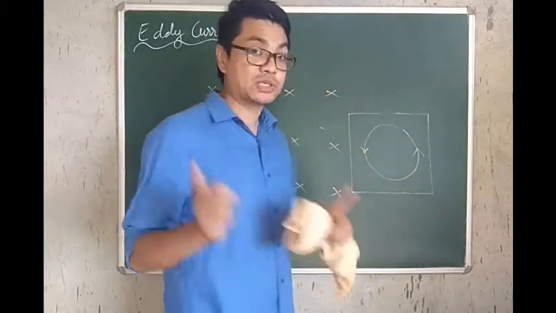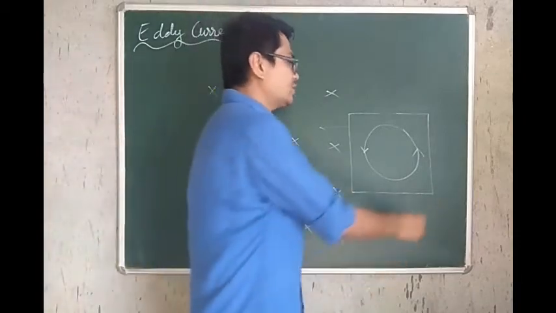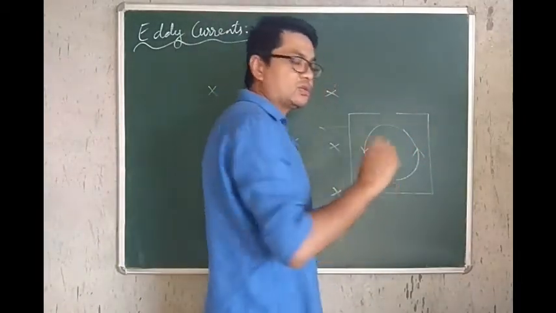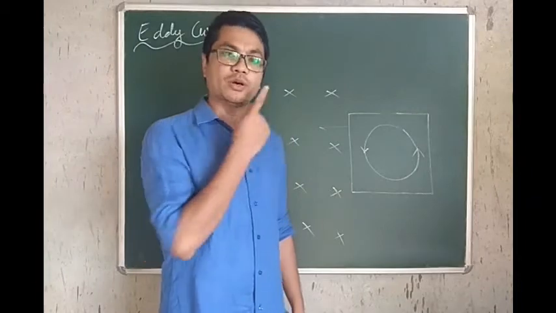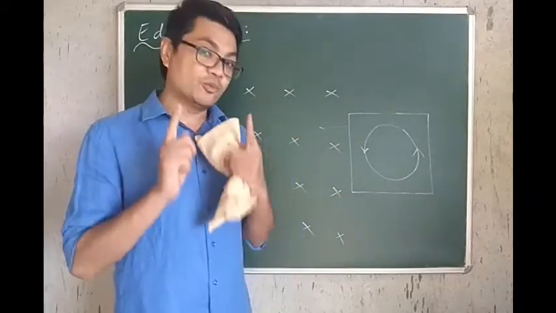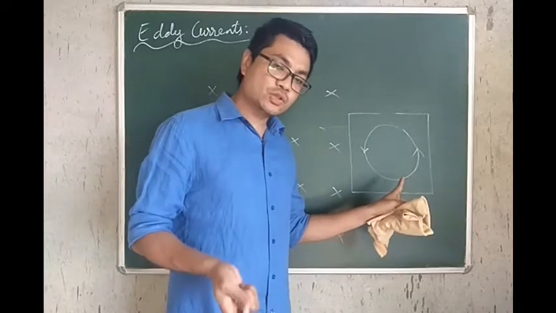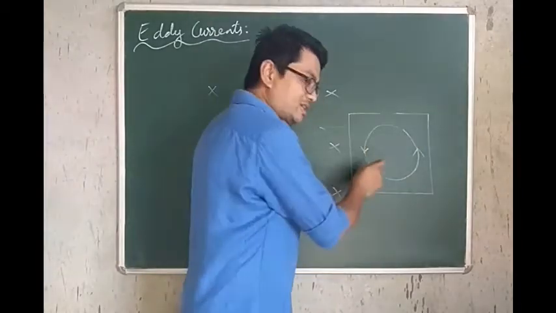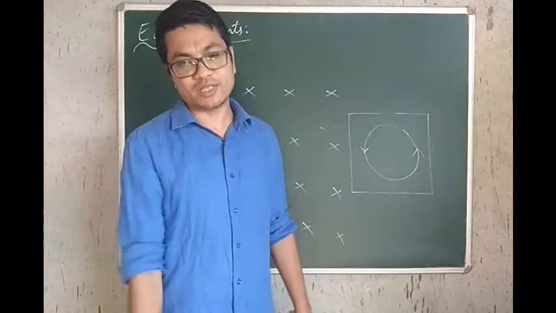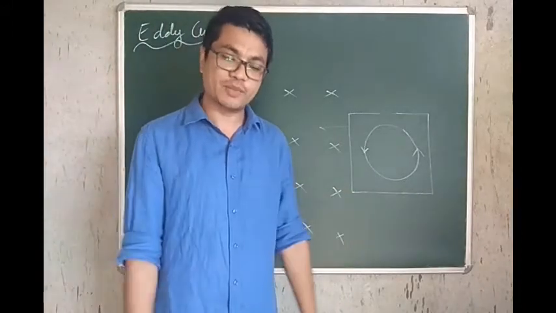This is also an induced current, mind you. A circular current gets induced throughout the volume of the conductor. Now mind you, the direction of the eddy current will be such that it tries to oppose the cause producing it. That is, it is obeying Lenz's law.